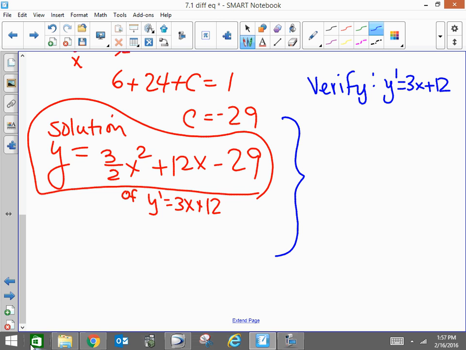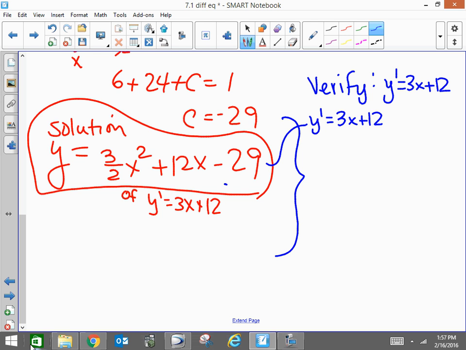What's the y prime here? 3x plus 12. Okay, so 3x plus 12 equals 3x plus 12.